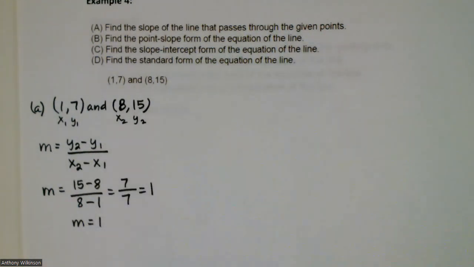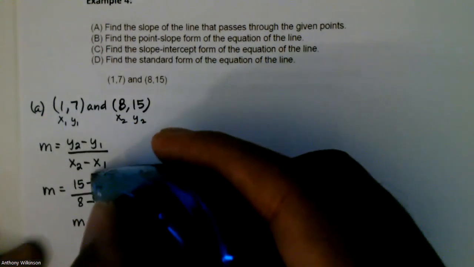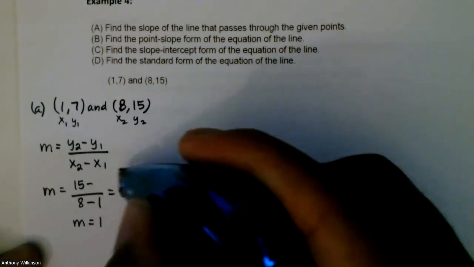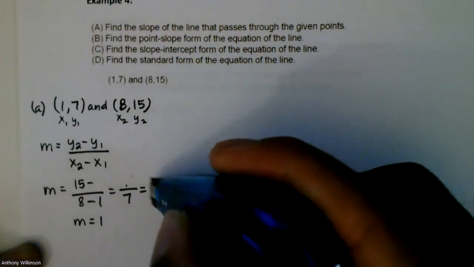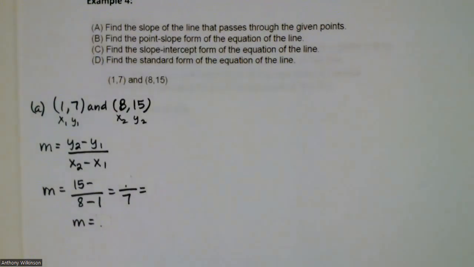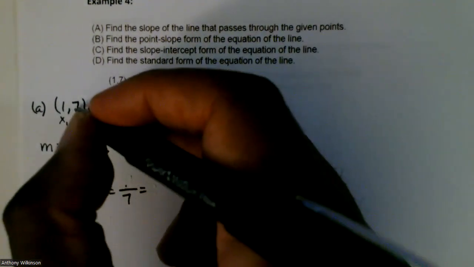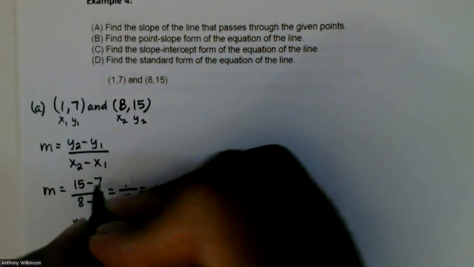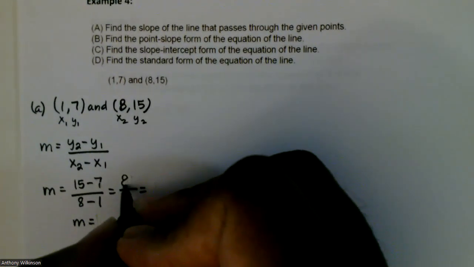Oh, did I mess up somewhere? 15 minus 7. That numerator should be 7. 15 minus 7. I apologize. And that's really going to change the answer here for everything. y2 minus y1, 15 minus 7, that would be 8.